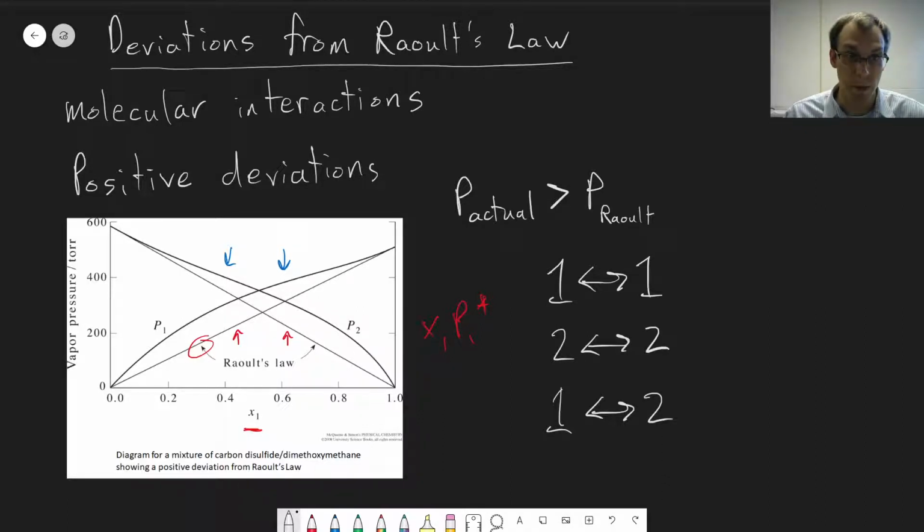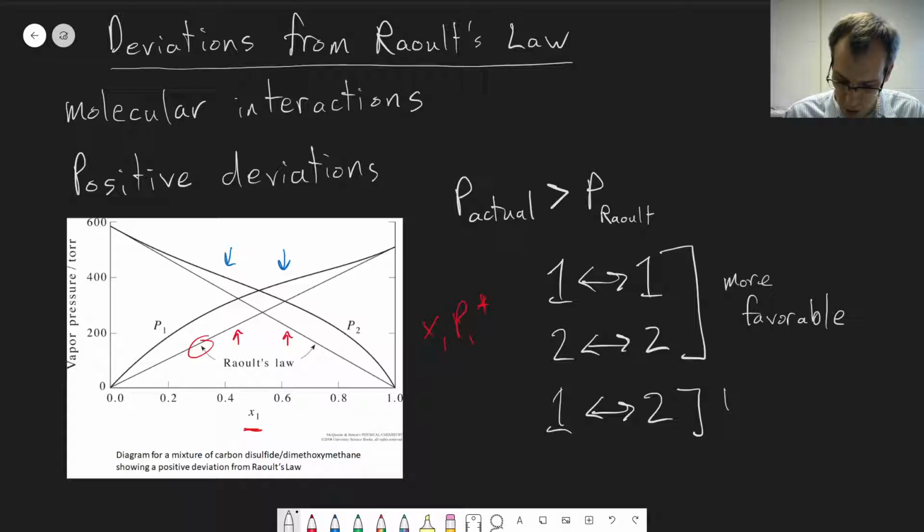We assume that all these are about the same. That everything's about the same favorability. The molecules don't really prefer whether they're around 1 or 2. But with positive deviations, what happens is that molecules prefer being with each other, with their same kind. They don't like being around the other kind of molecule. So these interactions are more favorable when compared to the interactions here where they're less favorable.